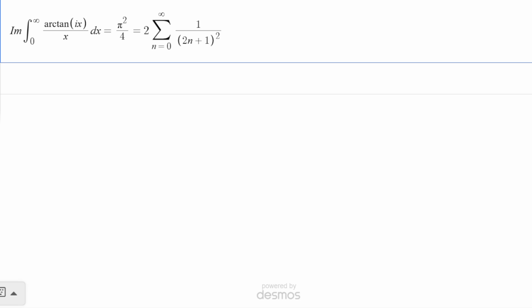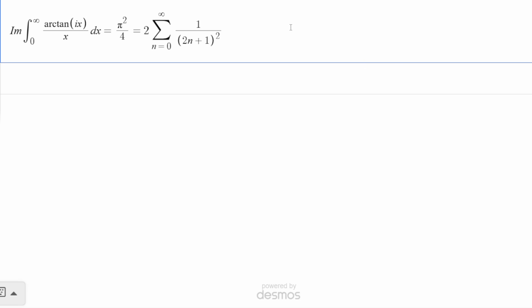Today we're going to be deriving what I believe is an original proof that the sum of the reciprocals of the odd squares is equal to pi squared over 8.